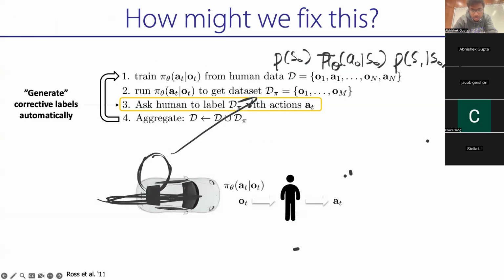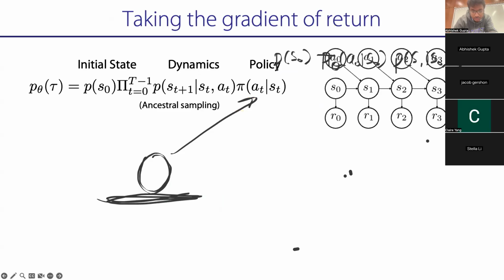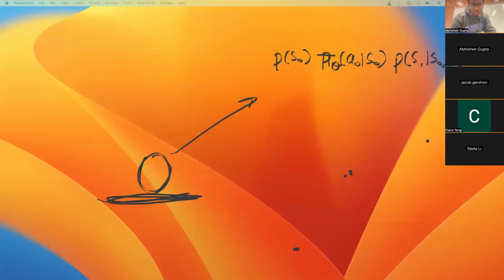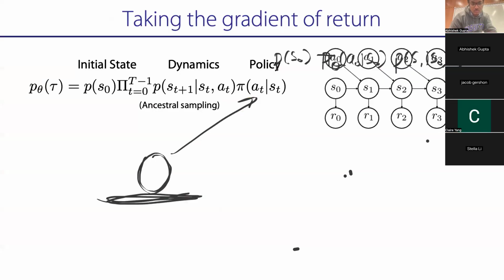If you remember how the policy gradient went, we derived this likelihood step by step. This is the likelihood of our trajectory: the initial state times the dynamics times the policy, initial state times the dynamics times the policy.